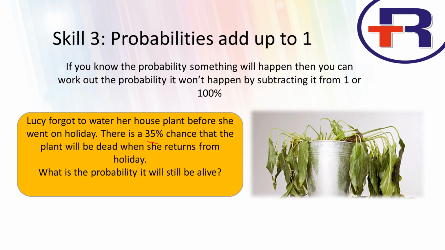And there's a 35% chance that the plant will be dead when she returns from holiday. But what is the probability that it will still be alive? So we take the 35 away from 100. Remember, probability only ever goes up to 1. And that means that the chance that the plant will still be alive is going to be 65%.